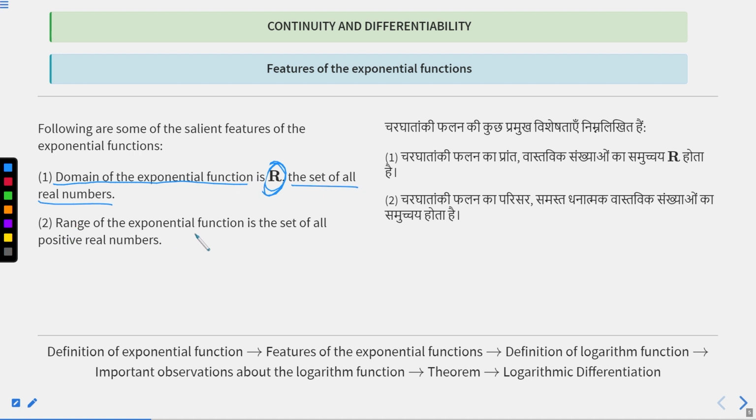The range of the exponential function is the set of all positive real numbers only, which means the open interval 0 to infinity. Simple. Let us move to the next slide.